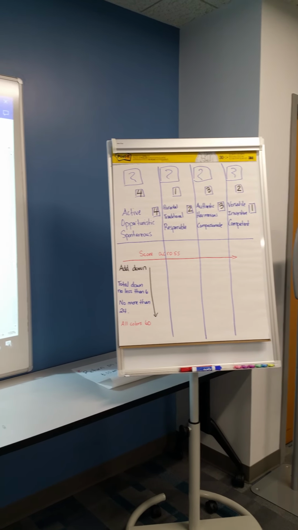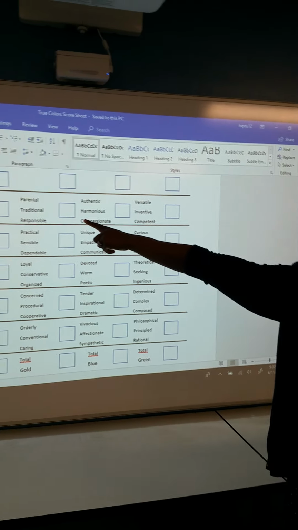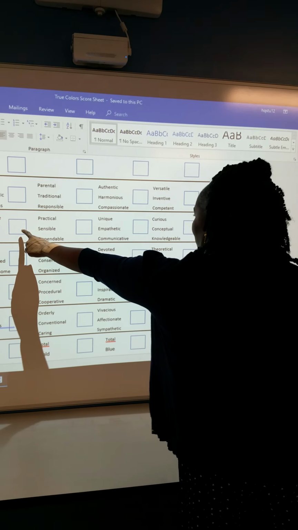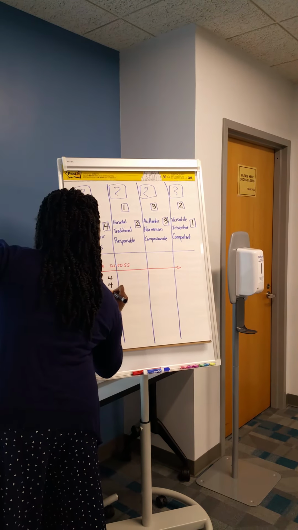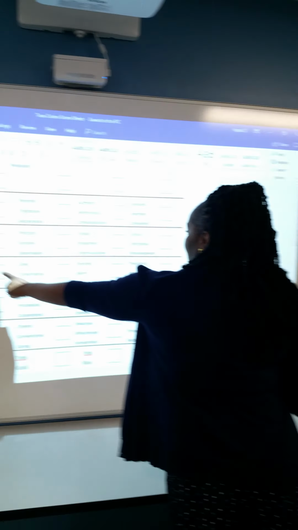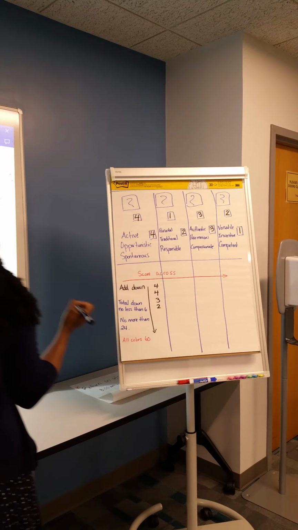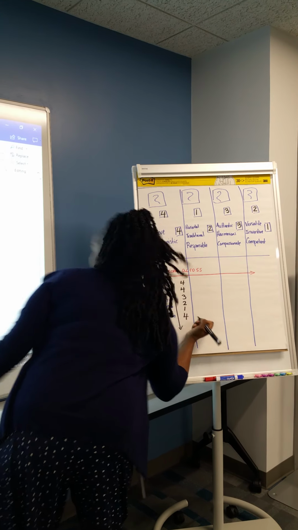If I assign myself in this area, I have a 4, then I have a 4 here. Let's say I gave myself a 3 here, and then a 2, maybe a 1, and then another 4.